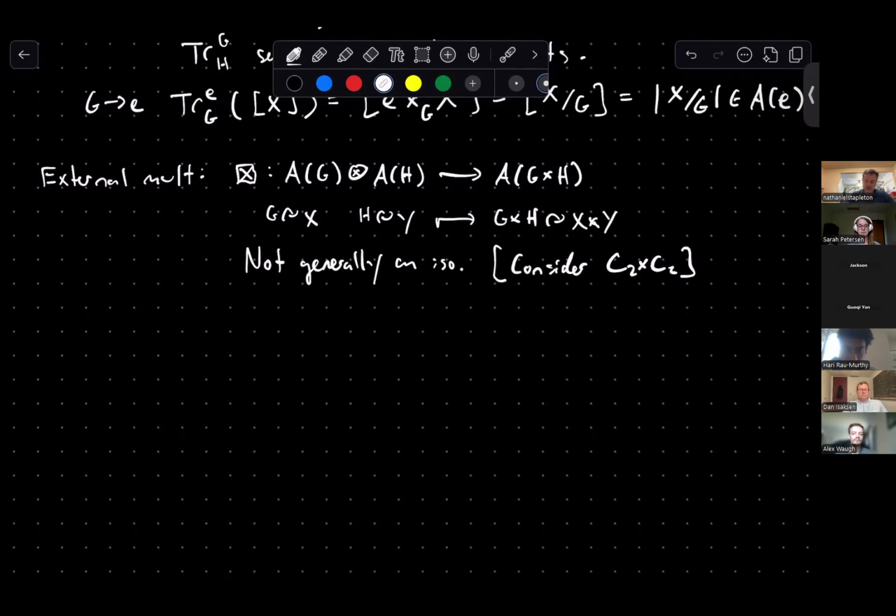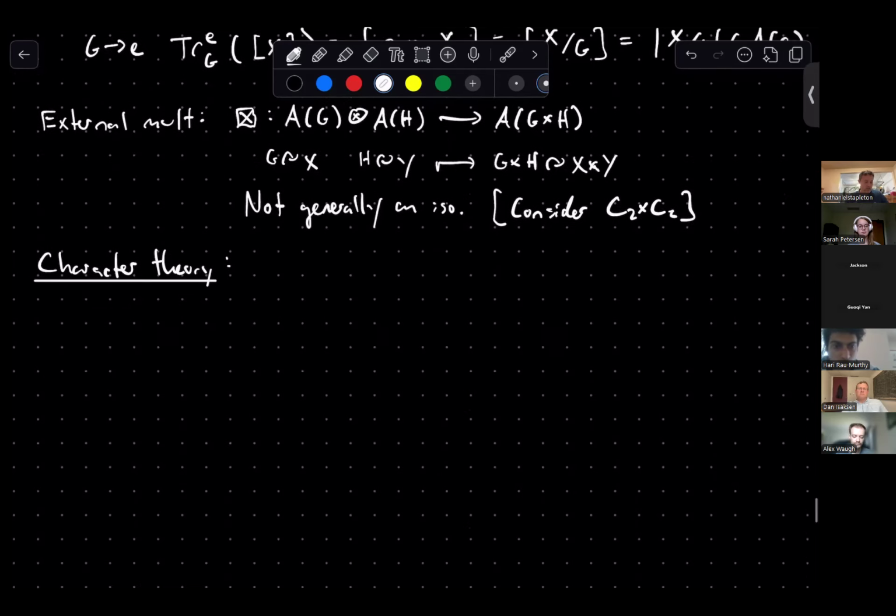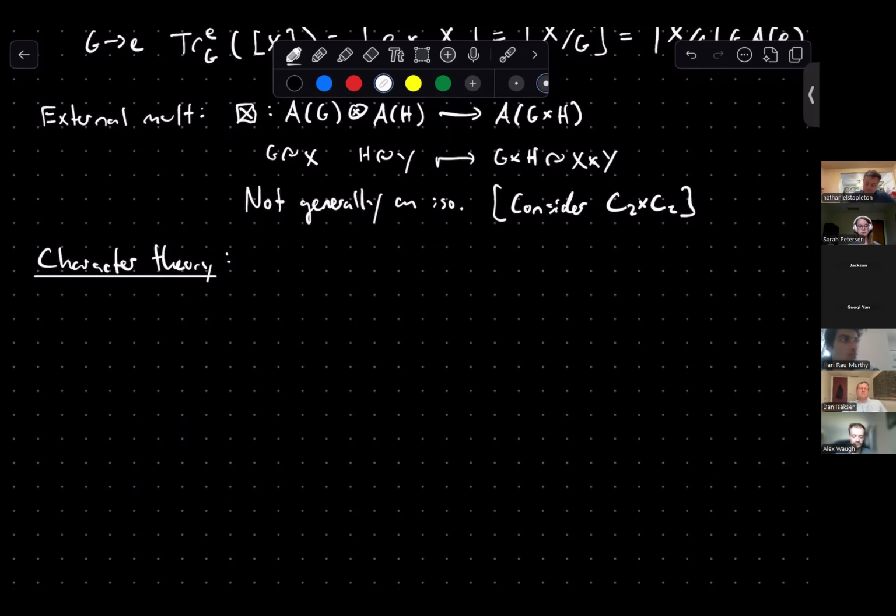Okay, that brings us to the next big topic, which is character theory. It turns out that these Burnside rings admit character maps that are extremely well behaved, just like in the representation ring case, and we can use these to get a better understanding of Burnside rings.